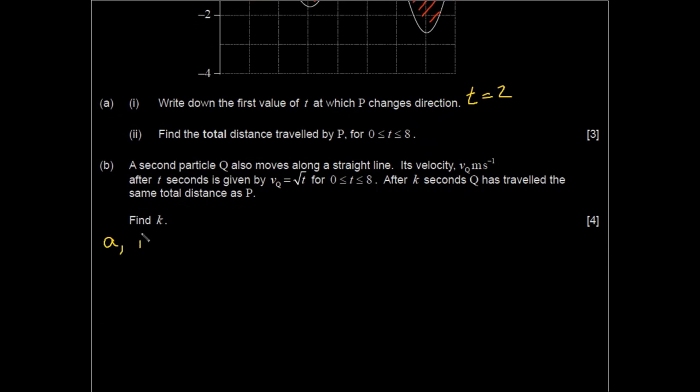So A part 2, the distance travelled is equal to, so it's going to be the integral between 2 and 0 of square root of t sine, what was the equation?